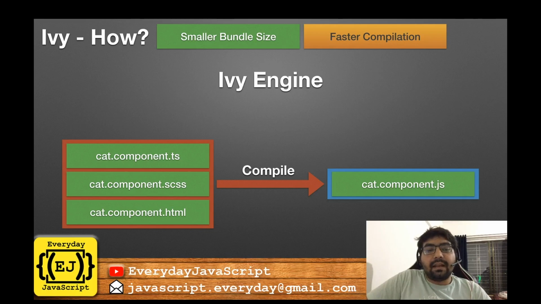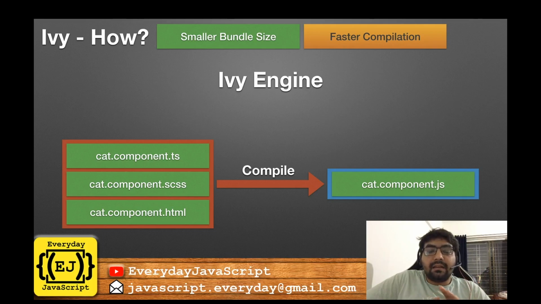Ivy, on the other hand, compiles the same cat component into a single file, cat.component.js. This JS is a combination of the compiled form of your TypeScript as well as the ngfactory that was generated. But it's different. The ngfactory that is generated is way more direct than what View Engine used to generate.